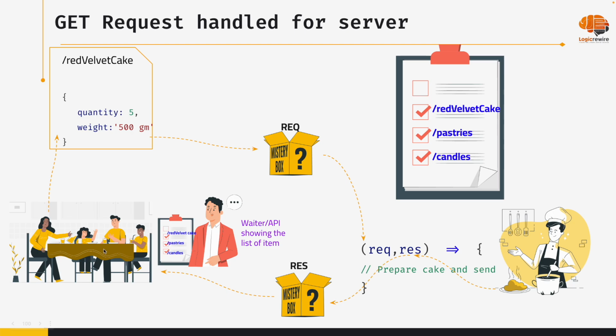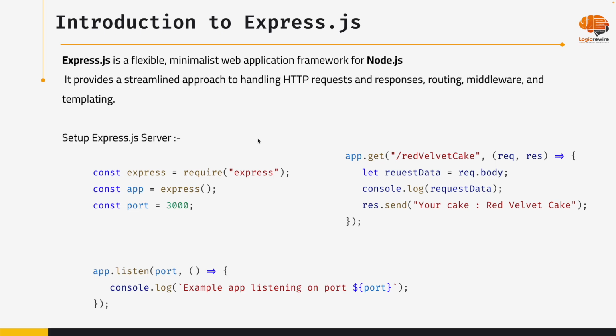These things we have already discussed. Using Express.js, we are now going to create this menu and handle it. We are going to write the code behind the scenes, like how the cake is going to be prepared. As I said, Express.js is a framework in Node.js. It handles the connection or communication, the HTTP requests. Whatever HTTP request comes, it will handle.